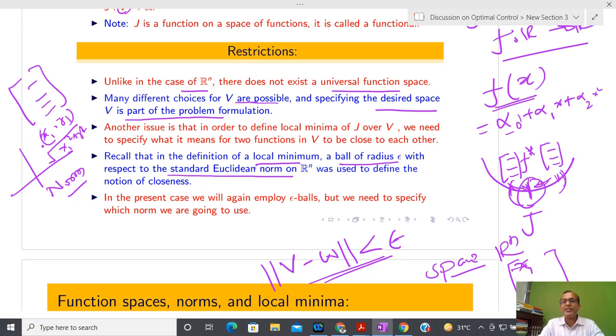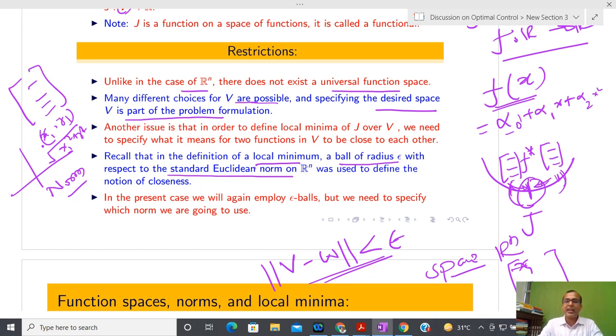But here we have to make sure how elements are arranged. The second problem is how to define nearness, because in order to show that some point is a minima or maxima, I need functions which are very close to the maxima and minima. For that we need some notion of a ball, and in order to define that ball I need the notion of a norm, or normed linear space.